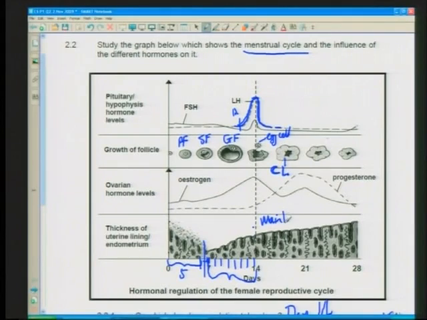Or let's say it maintains the thickness of the endometrium. Yes, it makes sure that it stays like that.